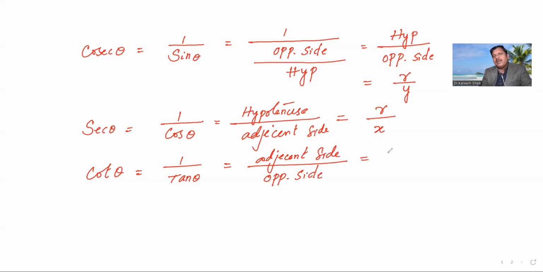With respect to the xy plane, it is x coordinate upon y coordinate. I hope it's clear. Better you remember it with respect to the right angle triangle as well as with respect to the xy plane, which is the Cartesian plane or two-dimensional geometry.